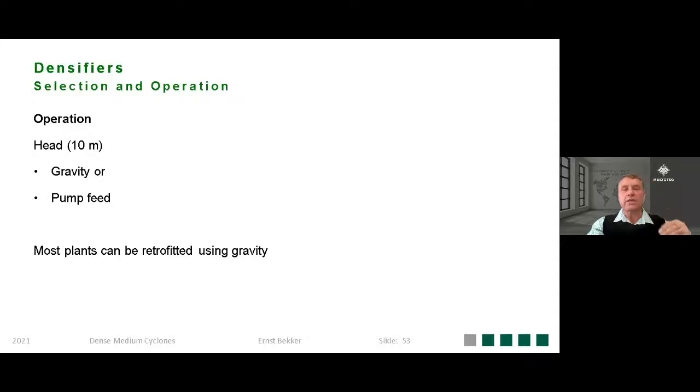You don't need that high density in your correct medium sump because you're not going to change densities so often.